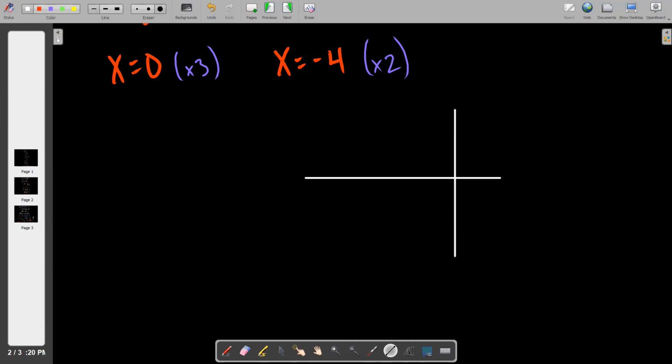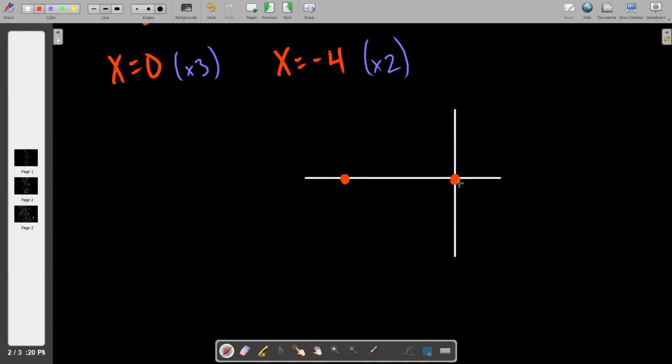All right, so I'm going to label my zeros. My first zero occurs at -4. And my second zero occurs at 0. And it's hard to believe that the graph can have 5 answers when it only crosses or interacts with the x-axis twice, but it does.